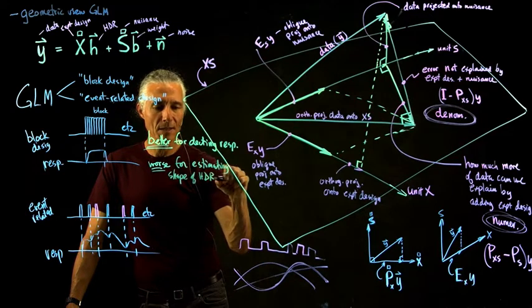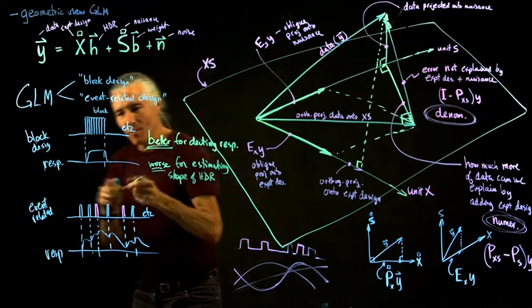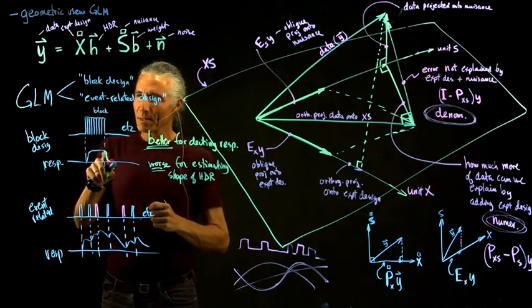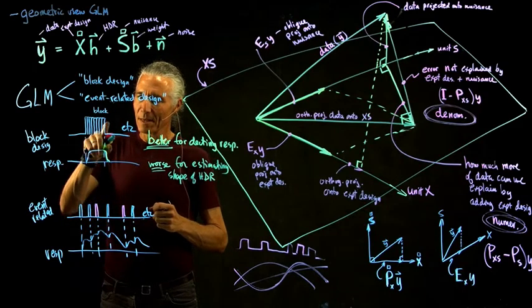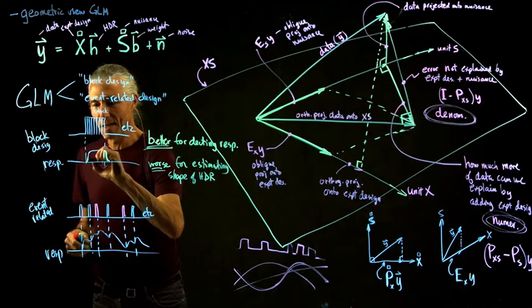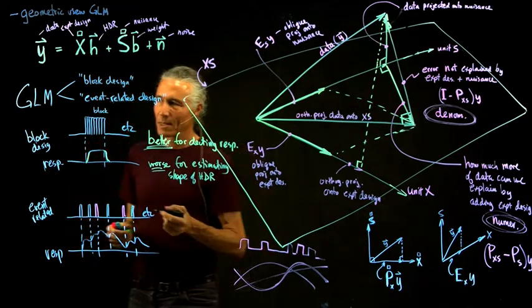And you can see why it's not very good for estimating what this particular shape is, because basically the only place where we can actually see the shape is when you turn it off or when you turn it on. But the problem is we don't have very many samples.